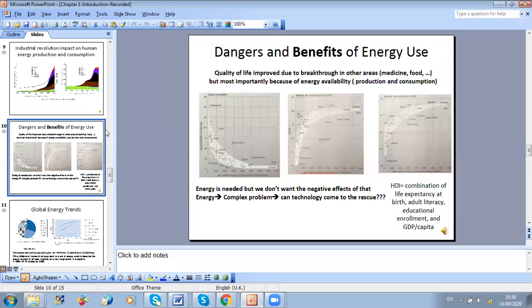So we have observed that with time, the temperature of the earth is increasing and the pollution is increasing. Okay, so we need energy, but we don't want the negative effect of energy, which is a complex problem. From here, we started to think about ways to produce energy that will not be harmful for the environment. Okay, and this is mainly renewable energy.